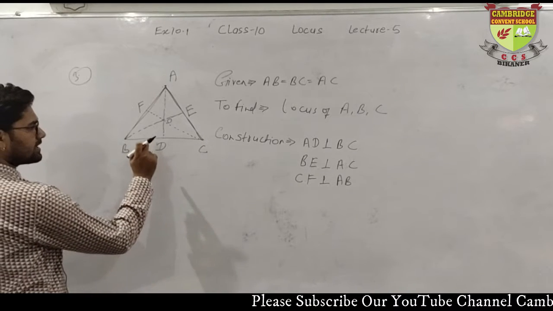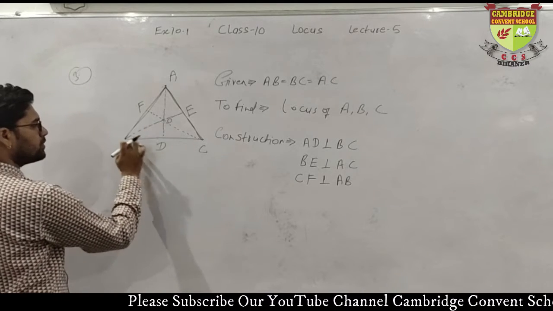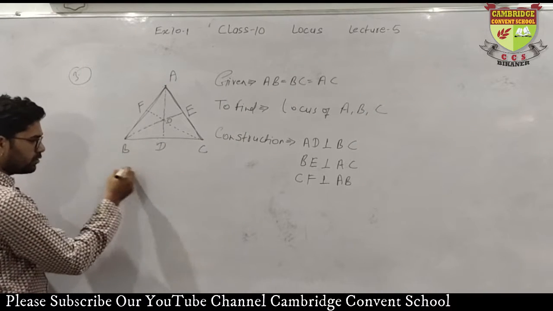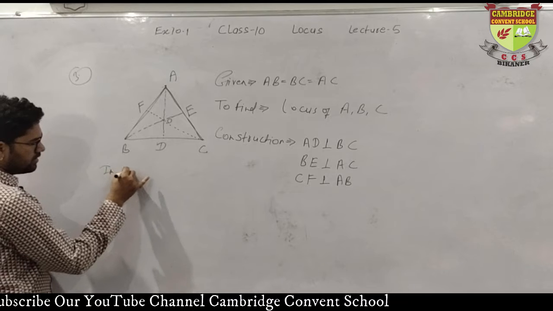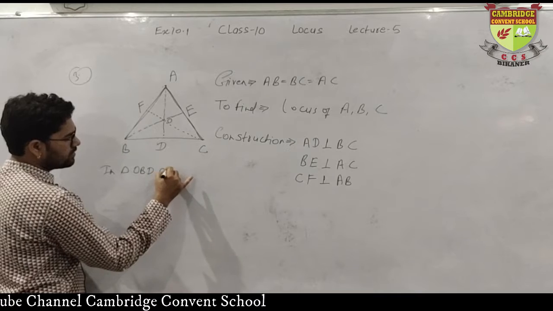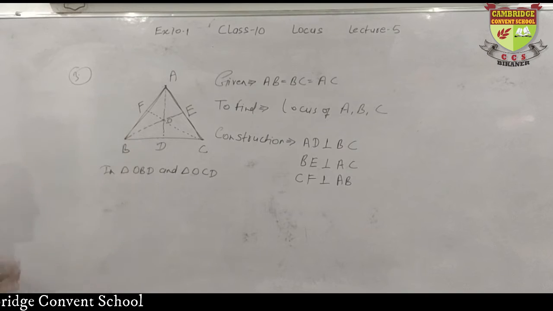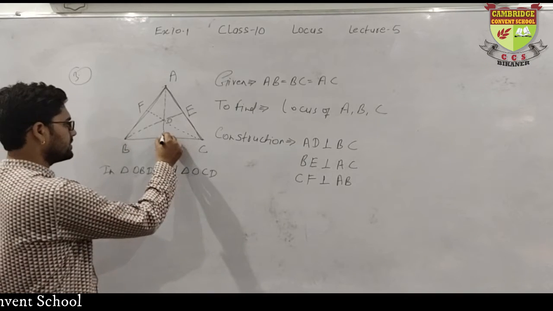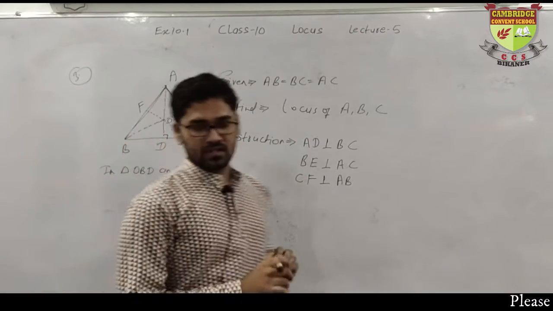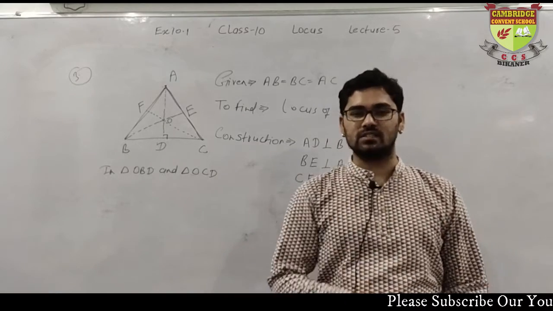Let's see. Firstly, there are 2 triangles here. Focus on these 2 triangles, OBD and OCD, right? In triangle OBD and triangle OCD, this is a 90 degree angle, and since it is 90 degrees, you must be familiar with the pattern of the RHS formula, right?